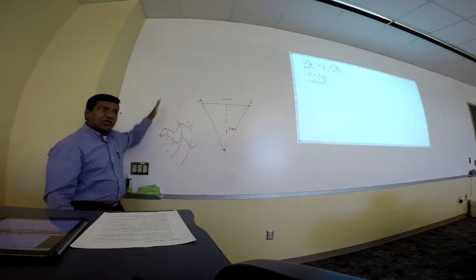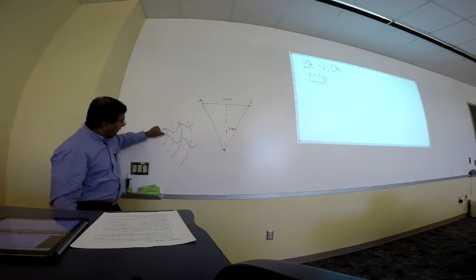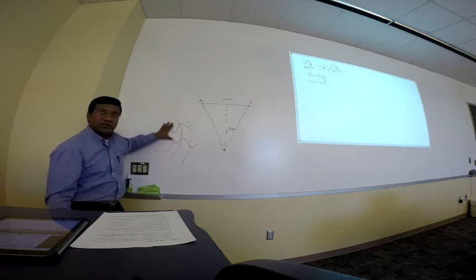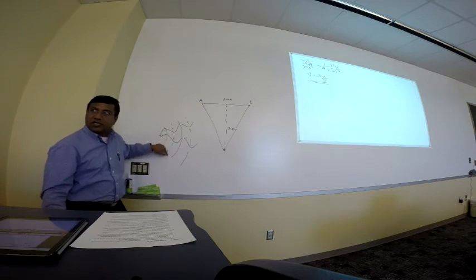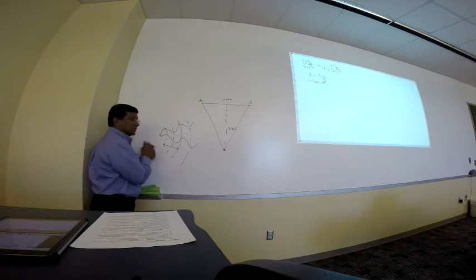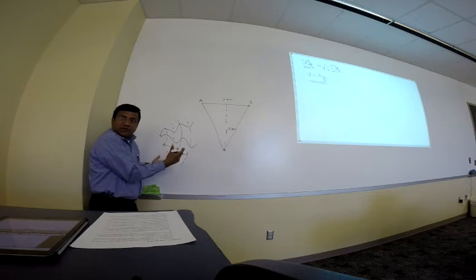Waves go out in all directions, and I have tried to join the crests. I get a line, a solid line. And then when I join all the troughs, well, it's not perfect, but you know what I'm trying to do. You get a dotted line, and so on. And what is this distance? Wavelength. And so this distance is lambda by 2. From a crest to a trough is lambda by 2.